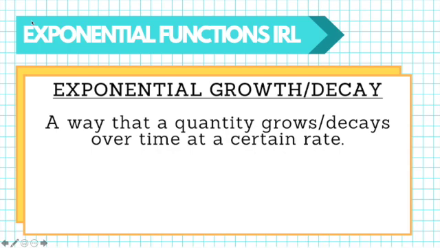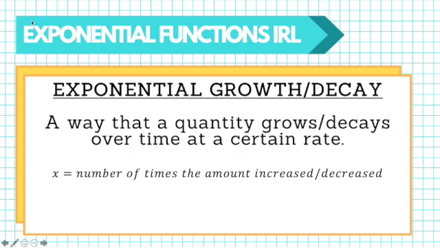Since it is a function, let us have the variables. The first is the variable x, which represents the number of times the amount is increased or decreased, and y will be the amount after the elapsed time.